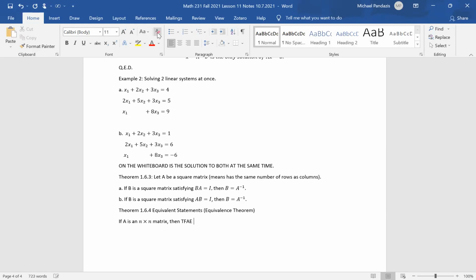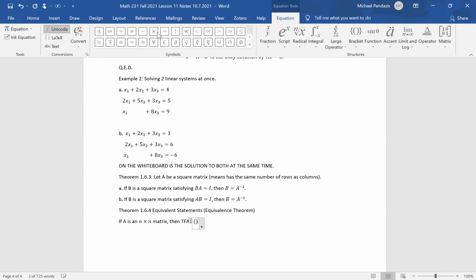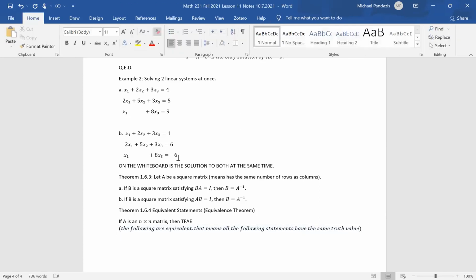TFAE is an abbreviation for "the following are equivalent." That means all the following statements have the same truth value. Okay?